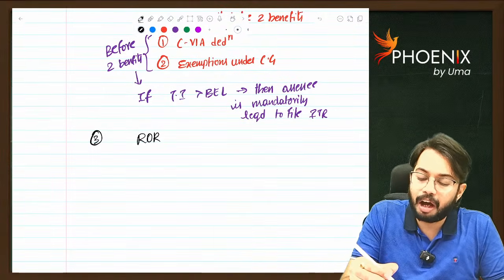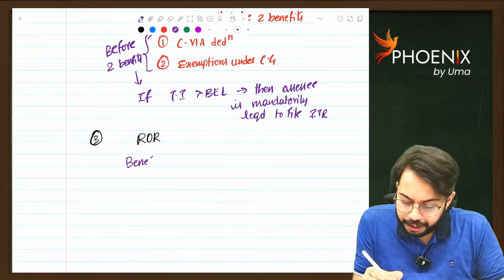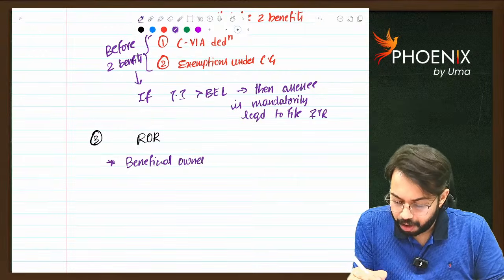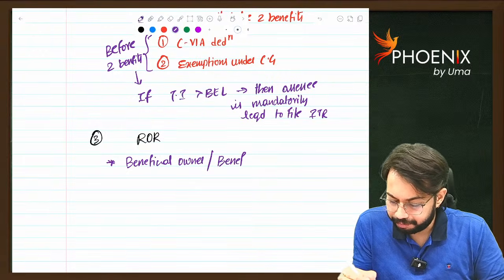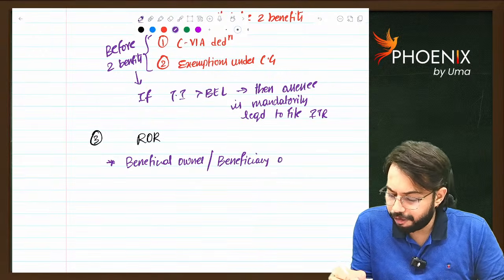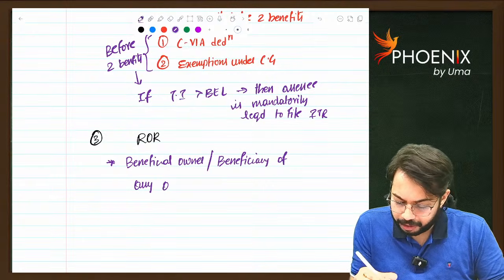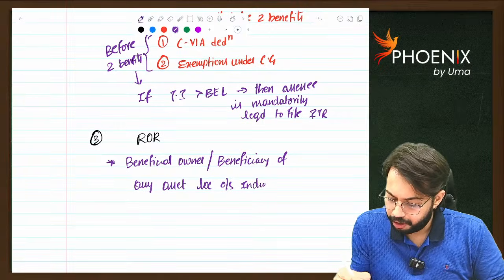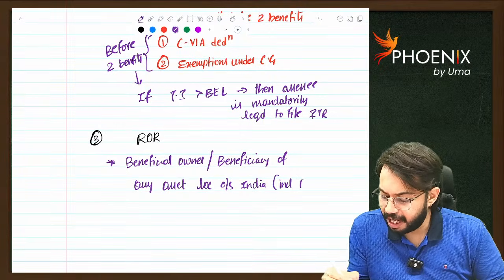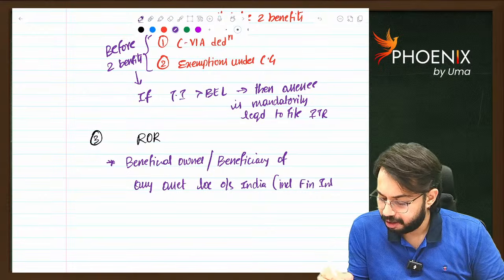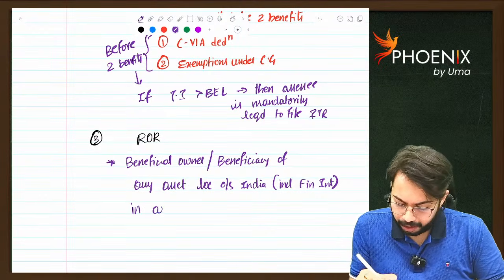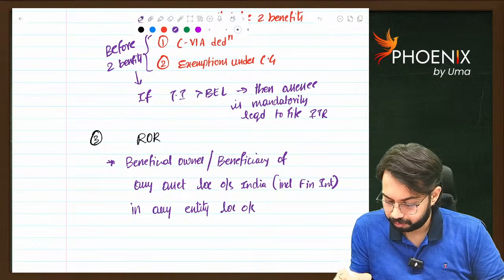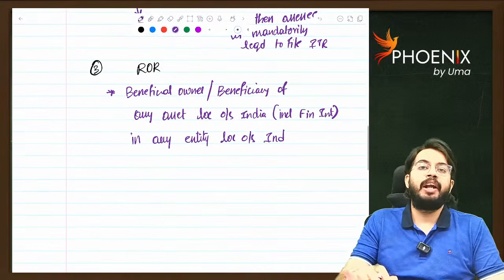So, in case of ROR, if he is beneficial owner or beneficiary of any asset located outside India, including financial interest in any entity located outside India, then they are mandatorily required to file ITR.